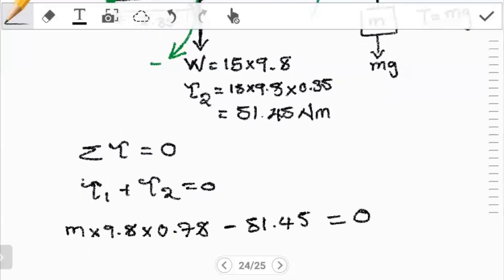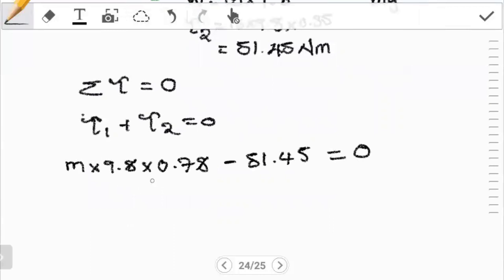From here, when we multiply this, we get 7.644 times m. Don't mistake the m to mean meters. The m here is for mass. This is what we're trying to find. So we move the 51.45 to the other side and it becomes positive, 51.45.